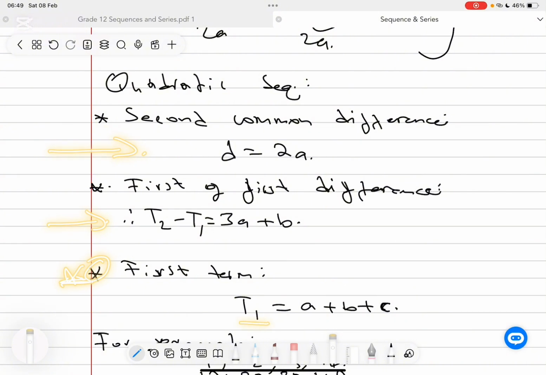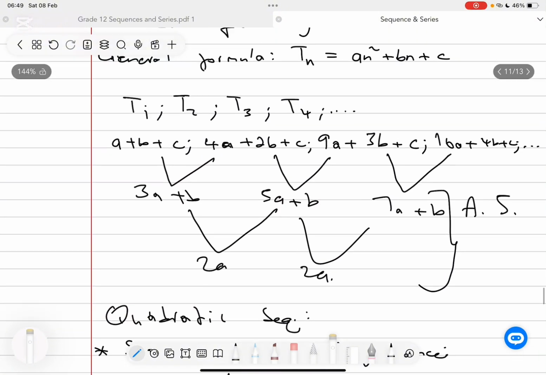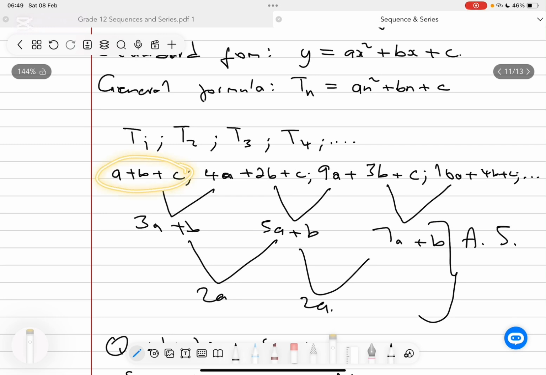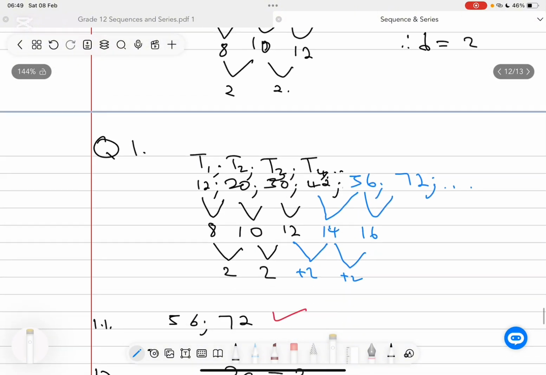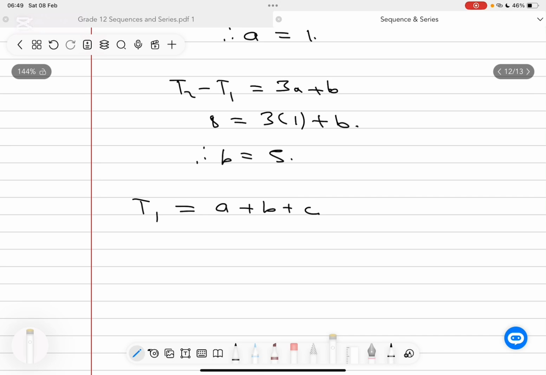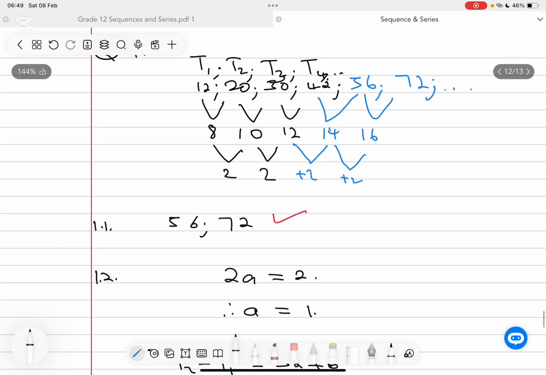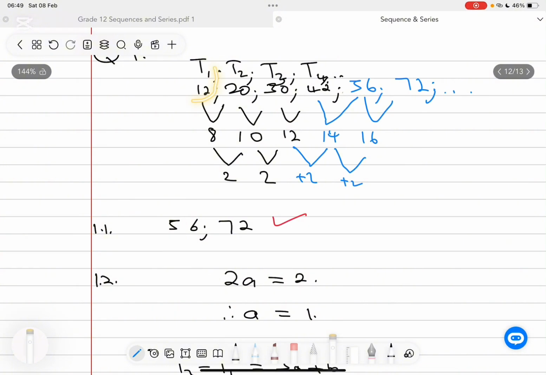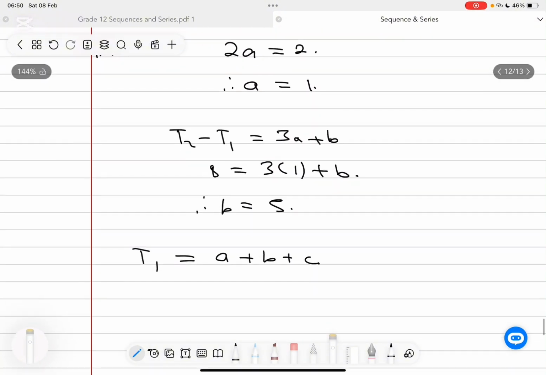We said that term 1 will always be given by a plus b plus c, and that is what we found for term 1 when we were doing our sequence in lesson 1. Now at this stage we know that term 1 in this sequence is 12. Our T1 is 12 in this specific sequence.